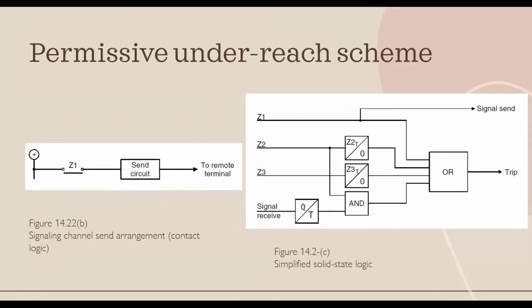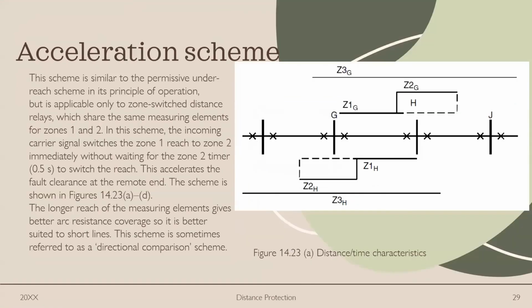The time delayed resetting of the signal received element is required to ensure that the relays on both ends have time to trip when the fault is close to one end. The breaker at one end is opened, instantaneous clearance cannot be achieved for end zone faults near the breaker open terminal. We also have the acceleration scheme.